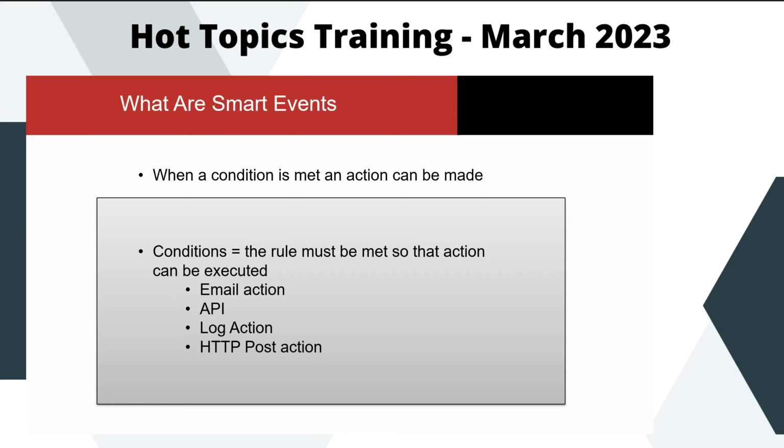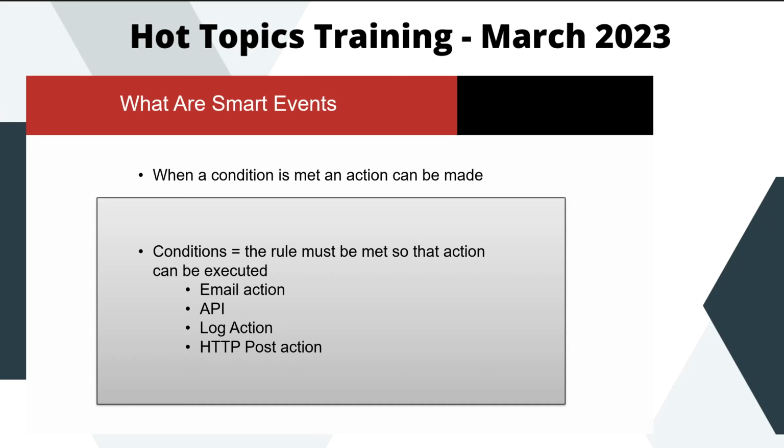To log an action, nothing needs to be done, as the system will execute this automatically and log that action within the system. For an HTTP post action, you will need to specify the method and the argument, and this is especially useful for developers.